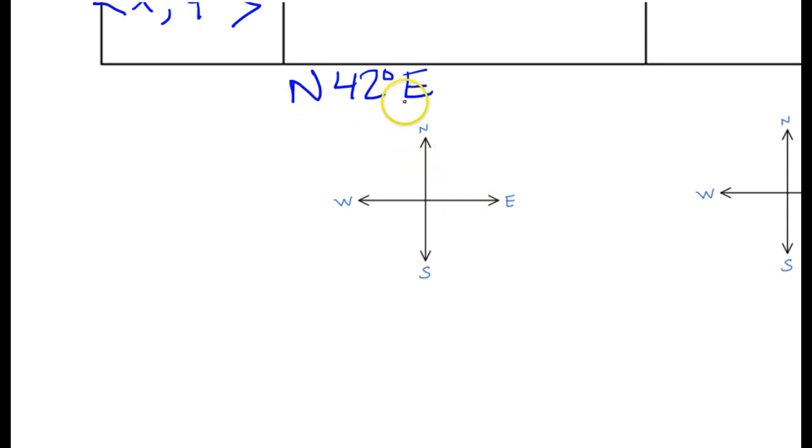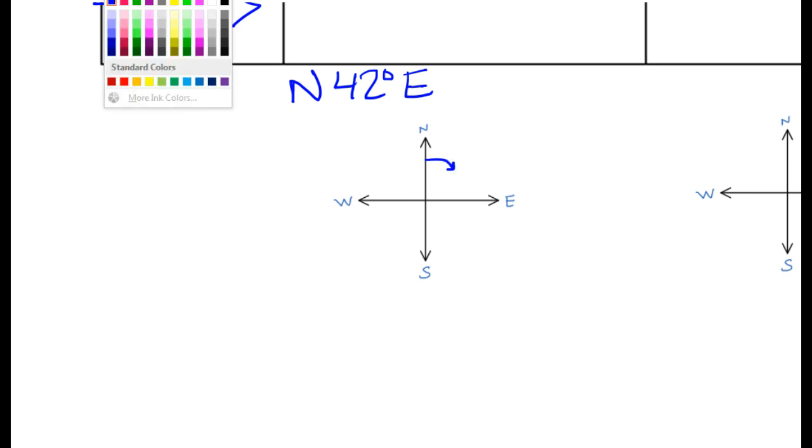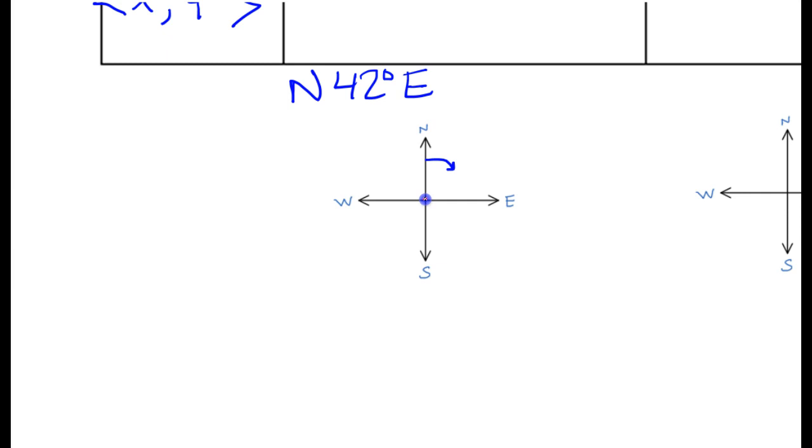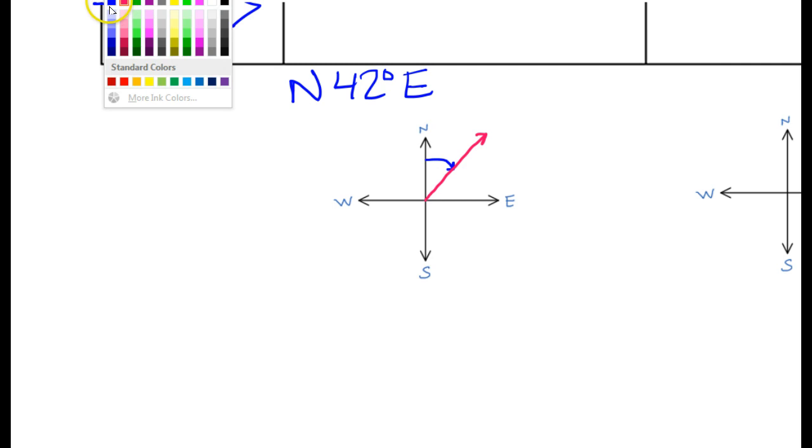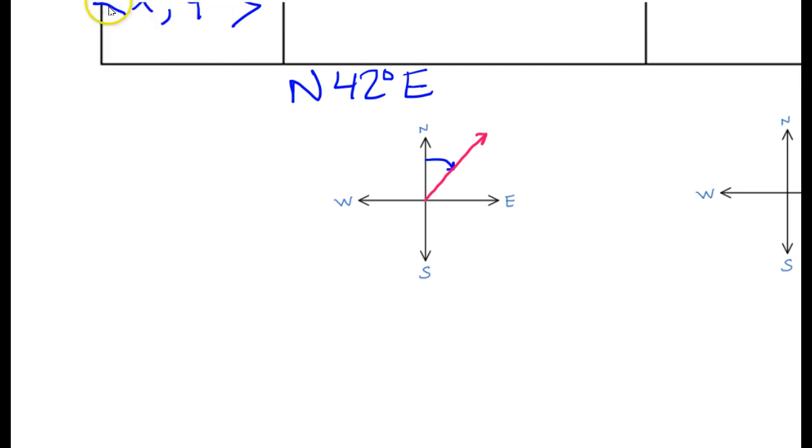North 42 degrees east. That means imagine starting at north and turning 42 degrees towards the east, like this. So that would give us a vector like this one, where again the angle that we turned was 42 degrees.